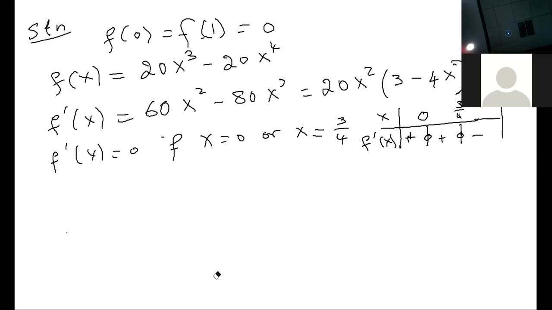Another method is to find the second derivative. Second derivative here will be 120x minus 240x squared.